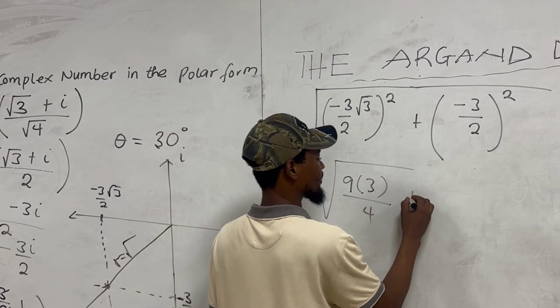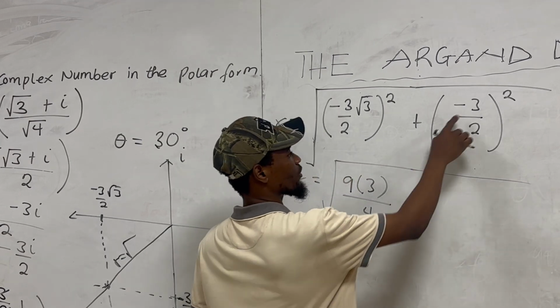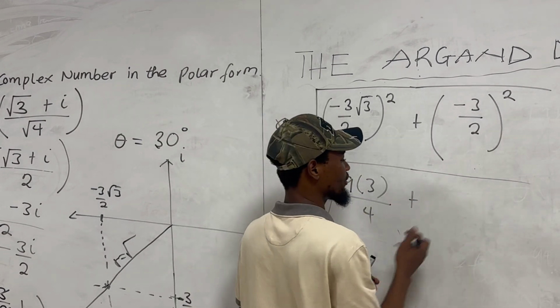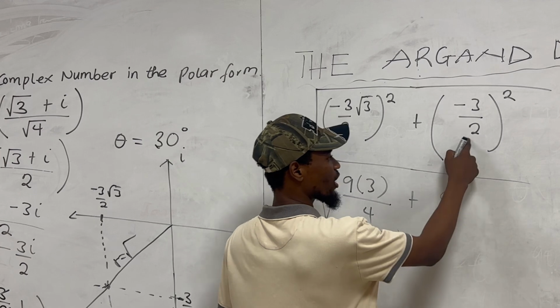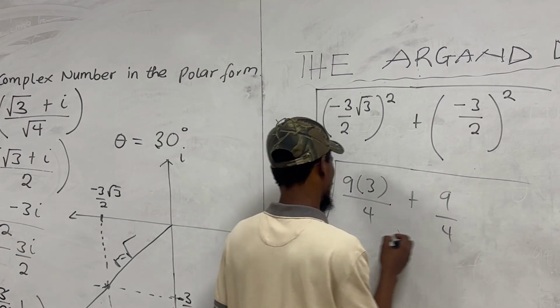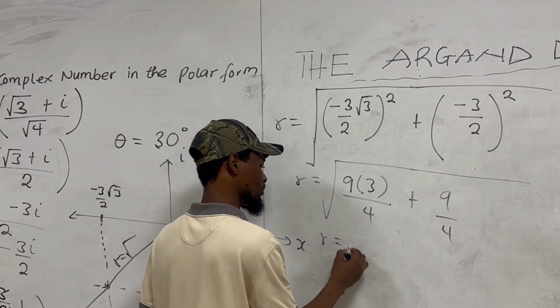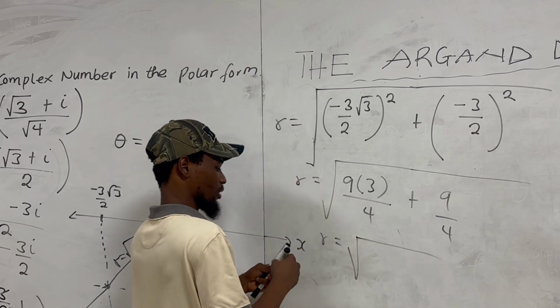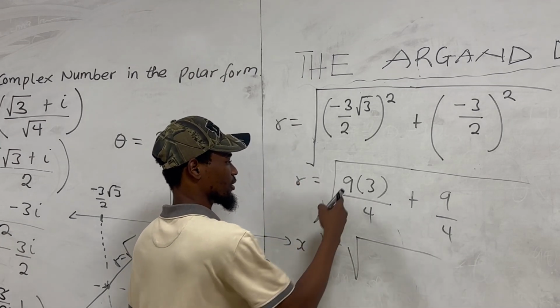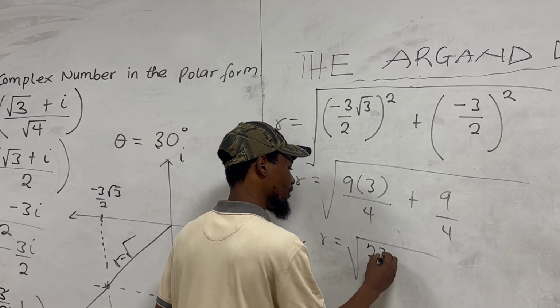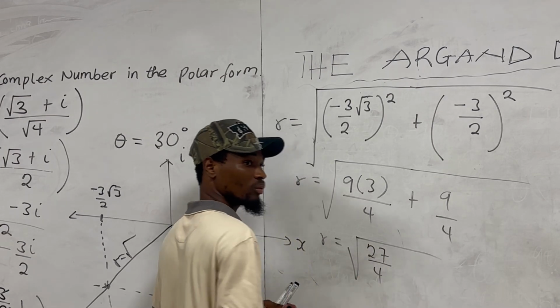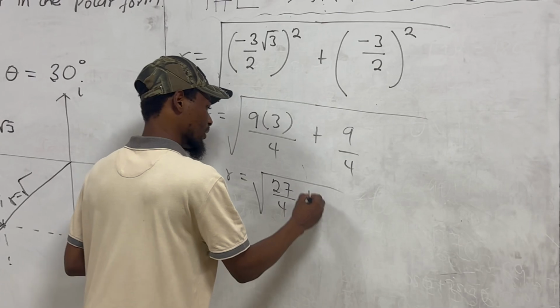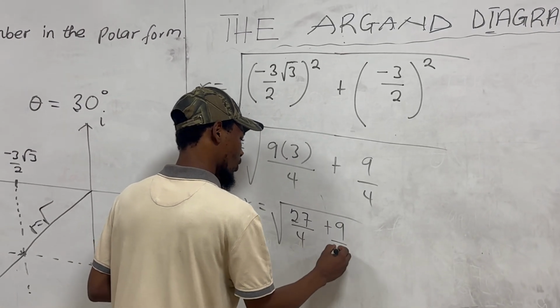Then here I have plus square of 3 gives 9 over square of 2 gives 4. So r is equal to the square root of, this by this gives 27 over 4, then plus 9 over 4.